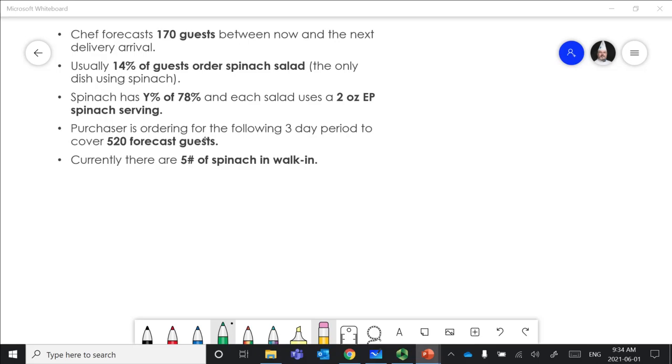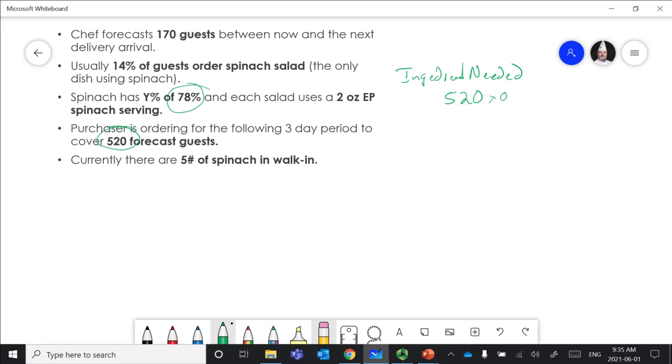We want to order for 520 forecasted guests. So our ingredient needed is going to be 520 guests times how many of those guests do we expect to have spinach salad? 78%, right?